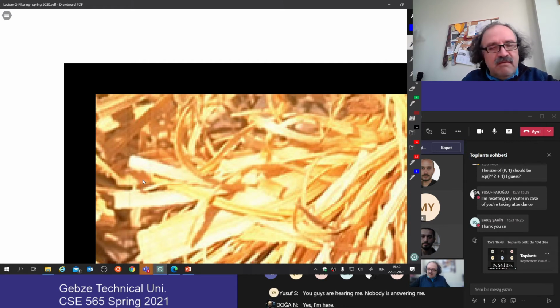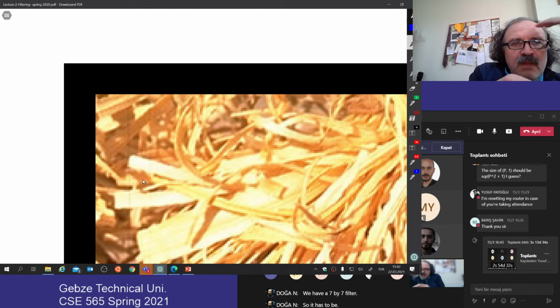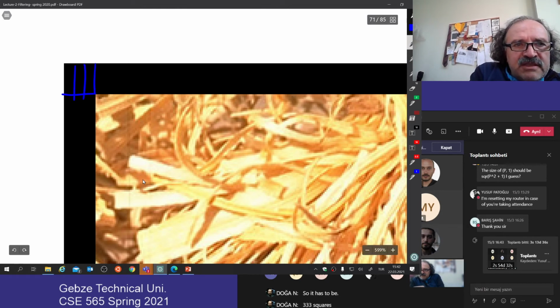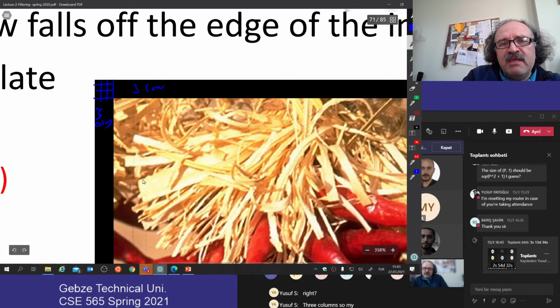We have a 7 by 7 filter, so it has to be three squares. Yes, exactly. So the size here is 3 by 3, right? So I am going to ignore 3 rows and 3 columns here. So my image is going to be smaller by 3 from each side.